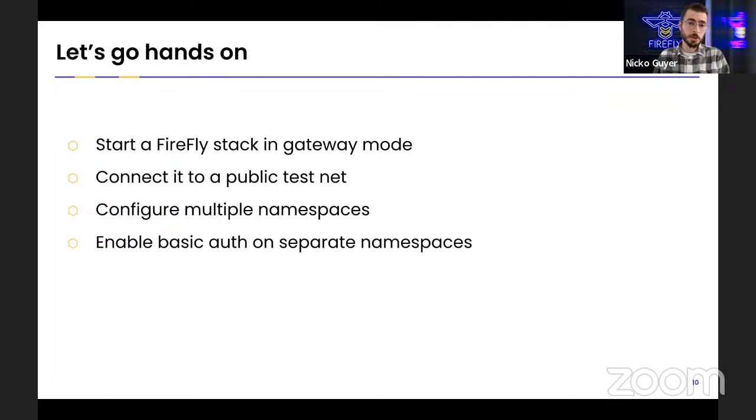We're going to connect it to a public testnet. We're going to configure multiple namespaces. I'm going to walk you through this hypothetical use case where I have multiple teams that want to access the same FireFly node, and I also want to enable basic auth on each of those namespaces and use a different signing key on each namespace.